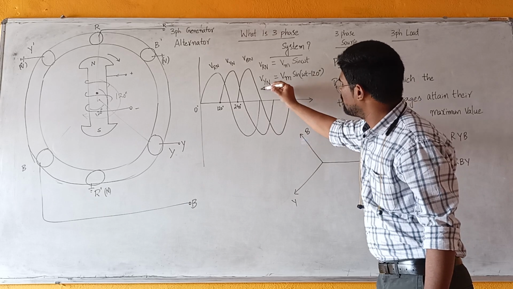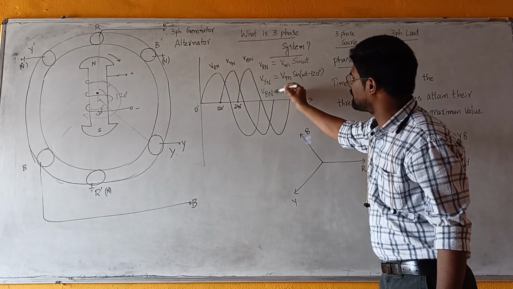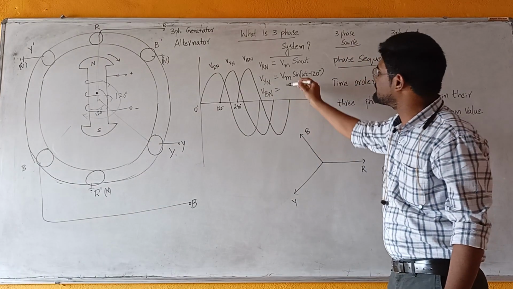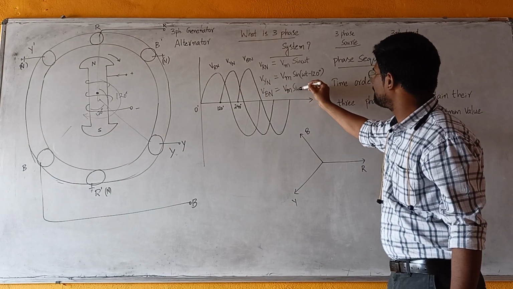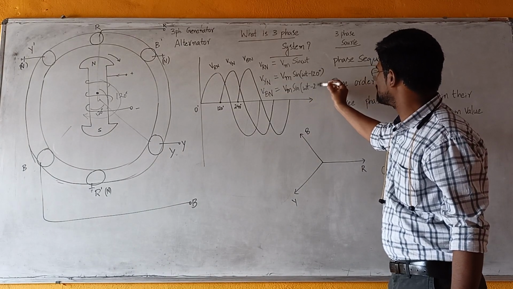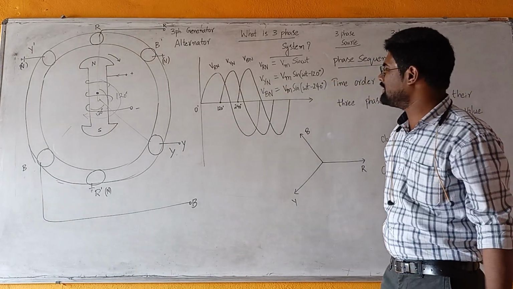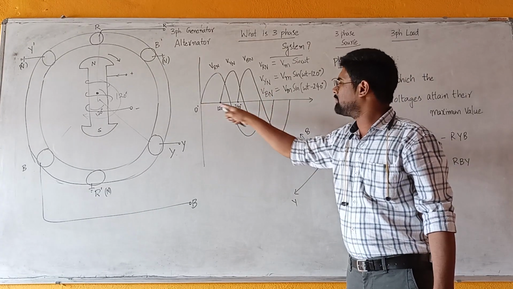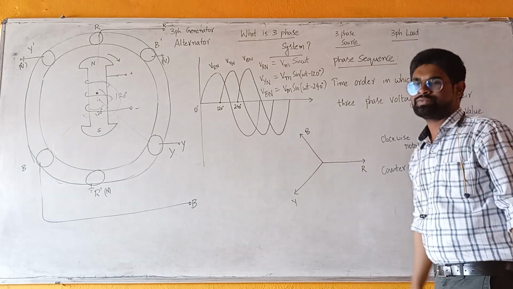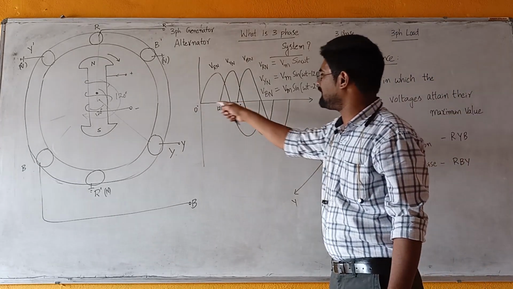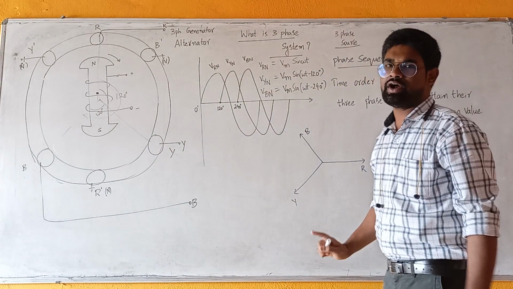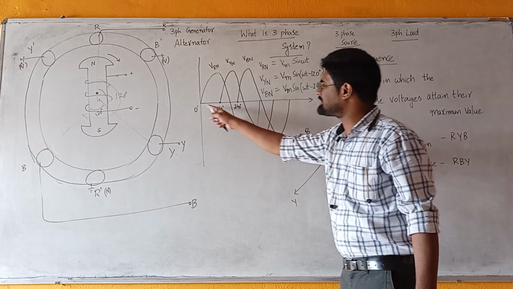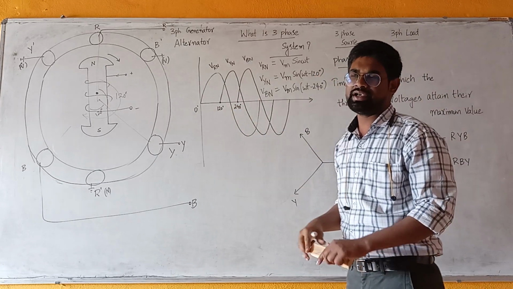And similarly, voltage induced in third coil, that is VBN, is Vm sin of omega t minus 240 degrees. I mean third voltage is lagging the first voltage by 240 degrees. The difference between third voltage and first voltage is 240 degrees. Second voltage and first voltage is 120 degrees.